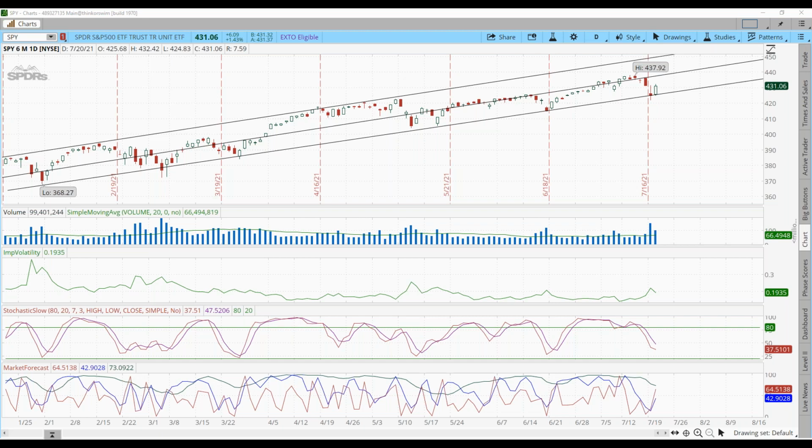And that island reversal could be the head in the head and shoulders. So all of these points will have confluence between them, where they kind of come together and tell the same story. That's why it's nice to have multiple perspectives.